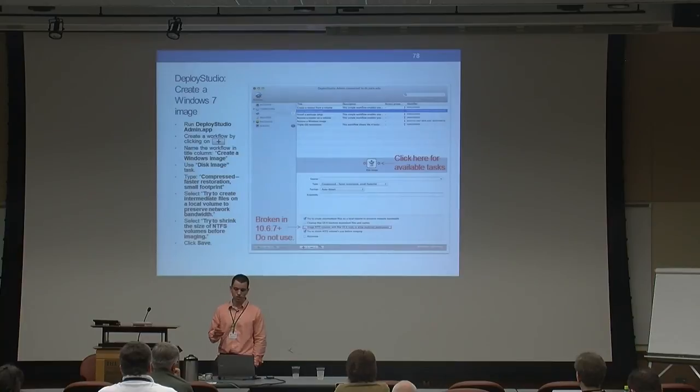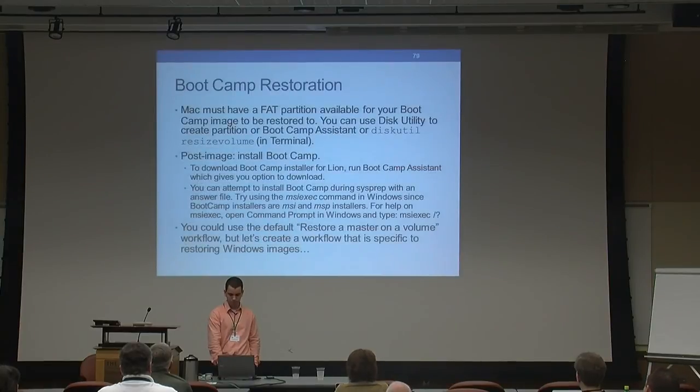But if you use the other options, try to create intermediate files on a local volume, and then try to shrink the NTFS volume size before imaging, you should be pretty good. So select those options and click on Save. And now you have your image.